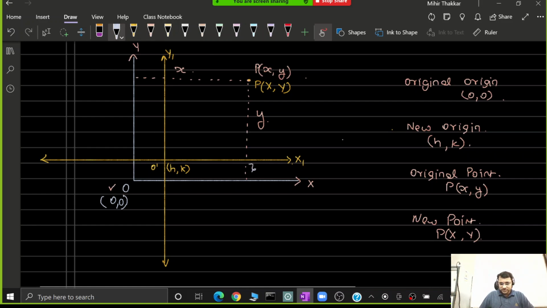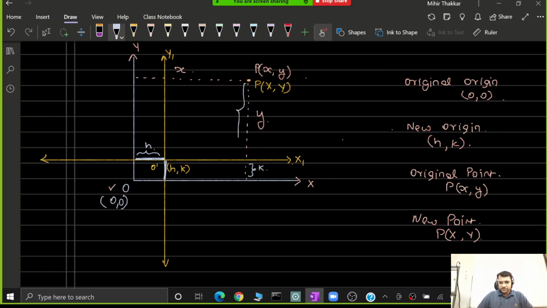This distance is equal to k, and this distance is the x coordinate, which is equal to h.